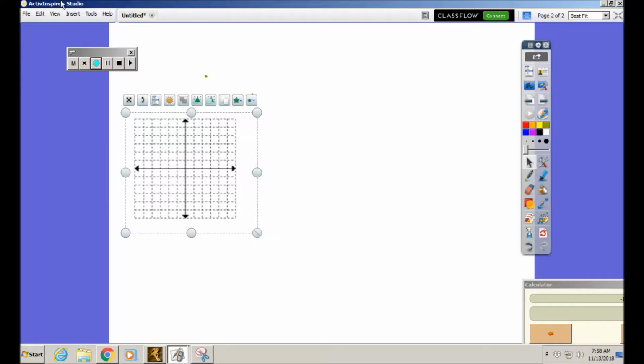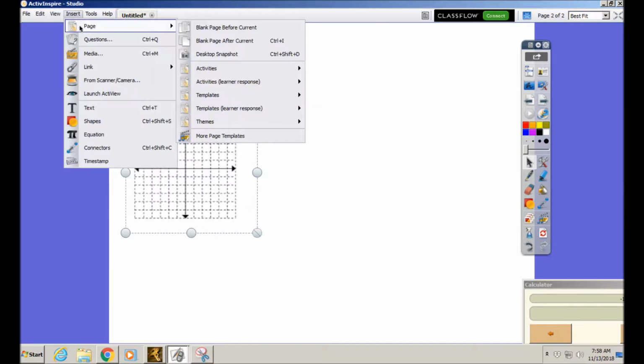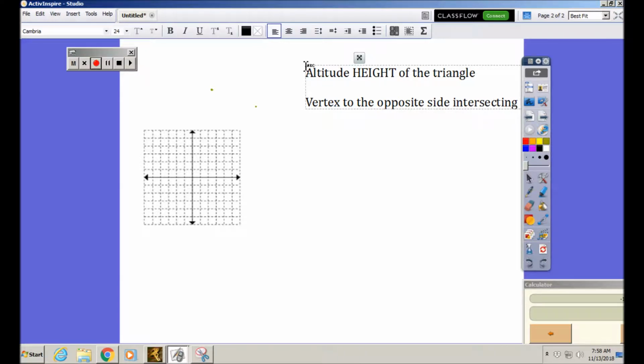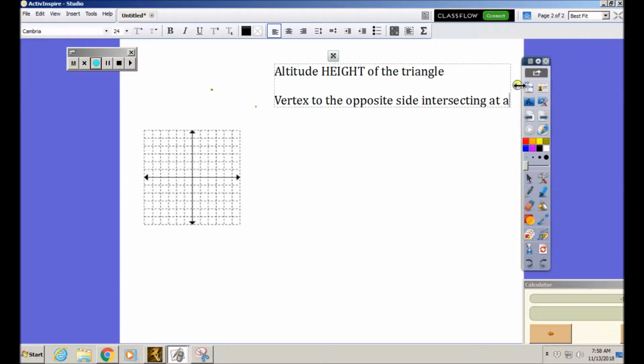So now we have to find the altitudes. What's another word for altitude? Altitude is the height of the triangle. Okay? It goes from the vertex to the opposite side, intersecting at a 90-degree angle.